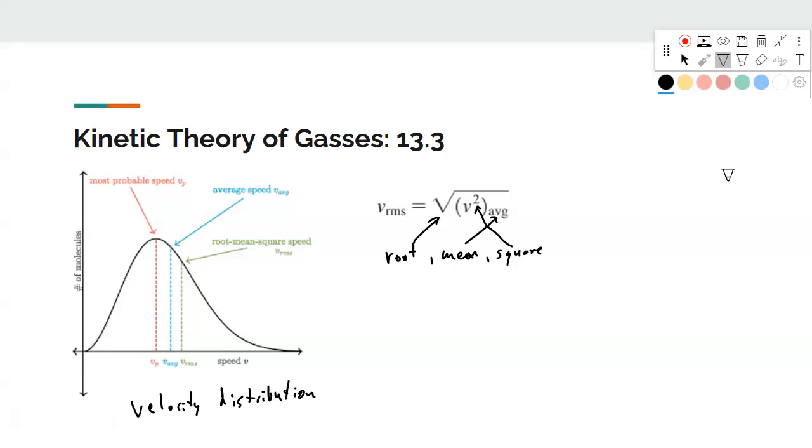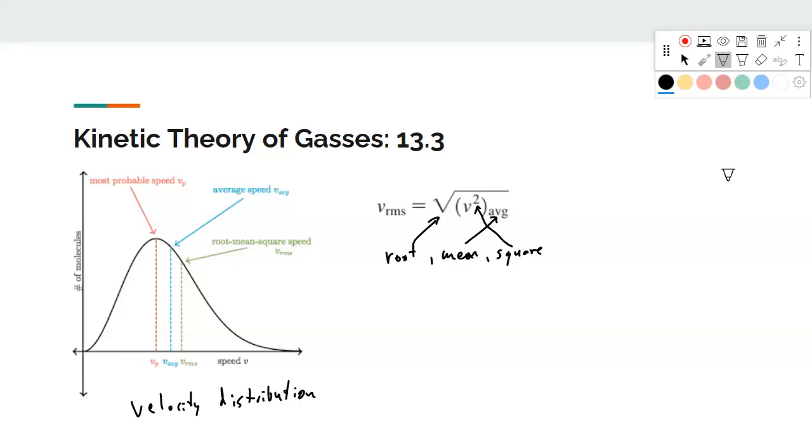But what I want to point out here is that the most probable speed, which is the peak of the distribution, the average speed, which is what happens if you ignore the plus or minus signs and just average all of the values of the velocity, and the root mean square speed, which is the square root of the average of the square of the velocity, they're all very similar.